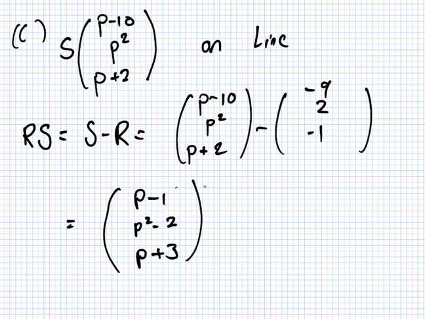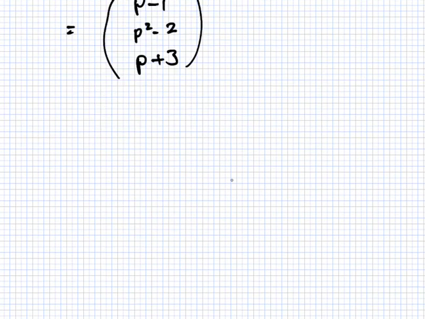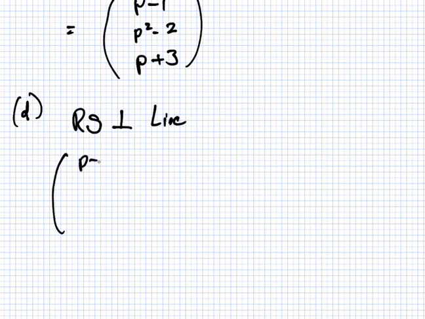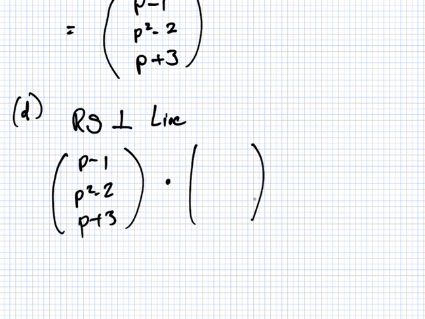Alright, that's okay. Now the D part. You're told that OS, which you just calculated, is perpendicular to the line. What equals 0? OS dotted with what though? What numbers? The numbers on the right.